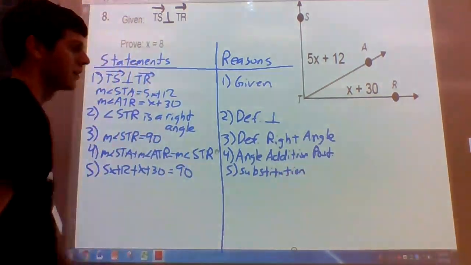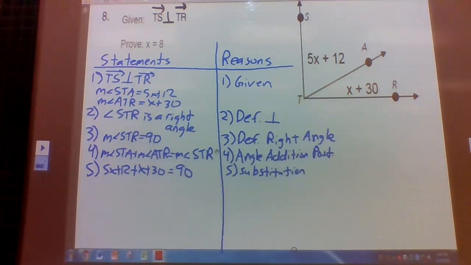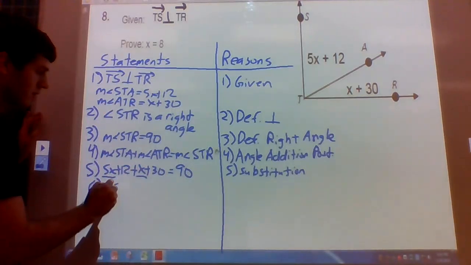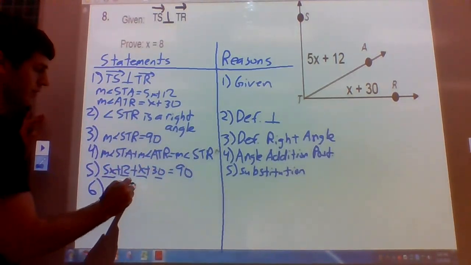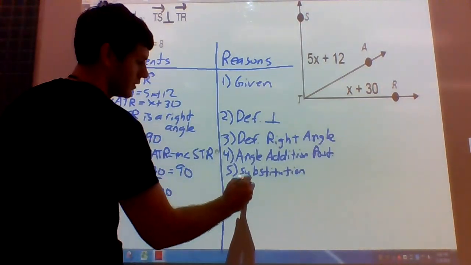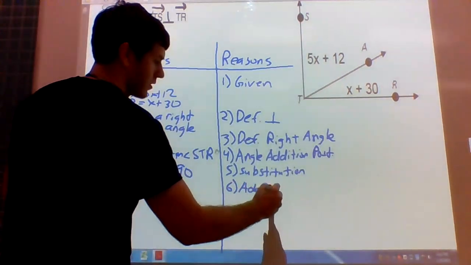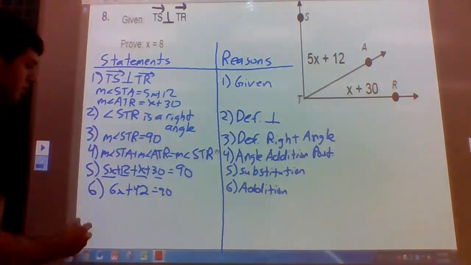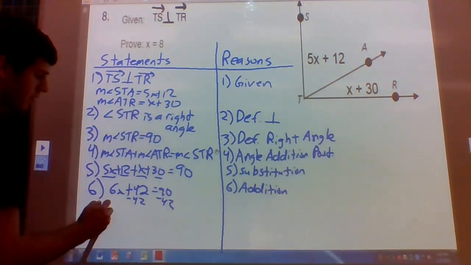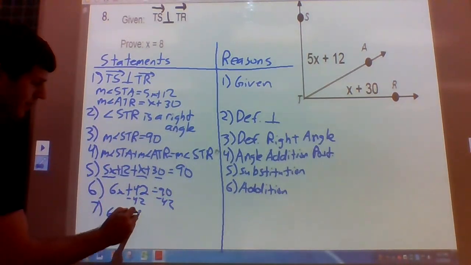And then we can solve. So we can combine like terms or add, right? So 6x plus 42 equals 90. So that's going to be addition. Okay, we can subtract 42 from both sides. That's going to give us 6x equals 48.